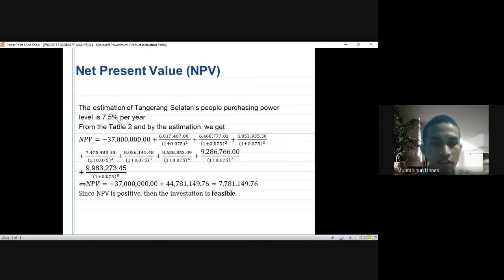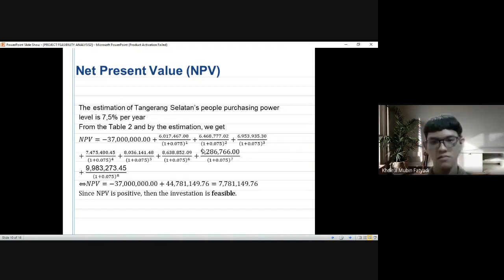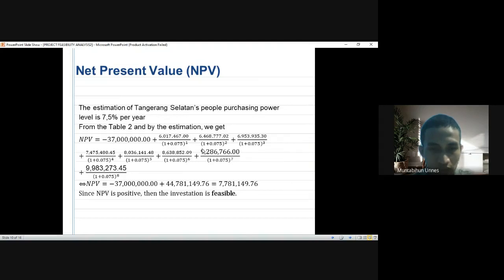And from table 2, in this estimation, we get NPV is equal to negative 37 million plus the first period cash flow over 1 plus 0.075, plus the second period over 1 plus 0.075 squared, up to the 8th period cash flow over 1 plus 0.075 to the power of 8.